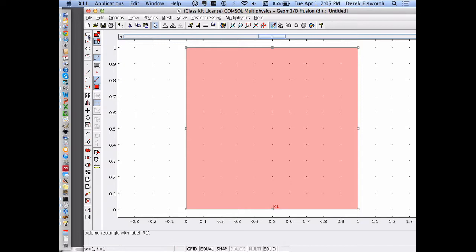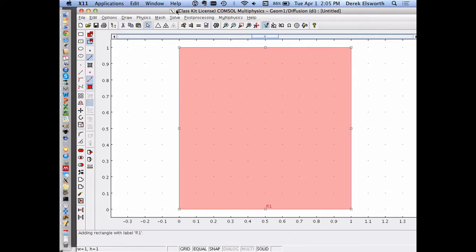Doesn't seem to be. Let's try it. Not taking any of these commands. Can't actually tell whether it's hung or not. I think it's just very, very slow.